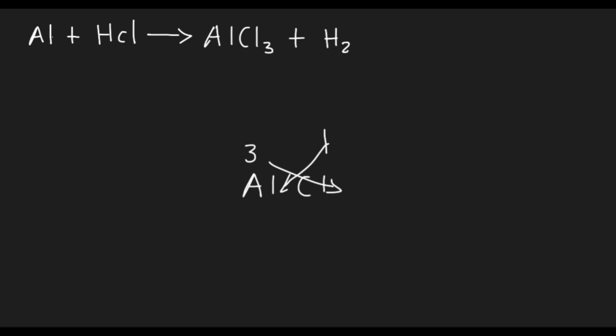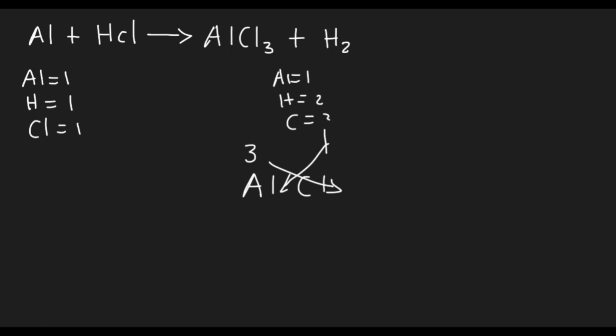Right, so we need to first begin by balancing the metal. So aluminium, there is only one atom here. Also, there is only one atom here. So the aluminium is balanced. What of the hydrogen? Hydrogen, there is 1. Hydrogen, there is 2. Then chlorine, there is 1.